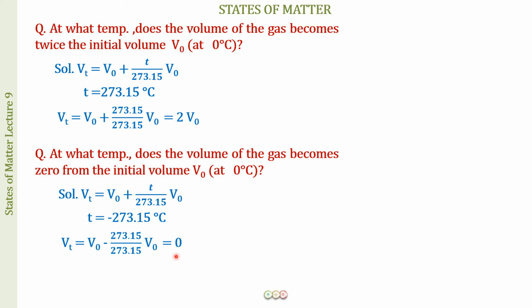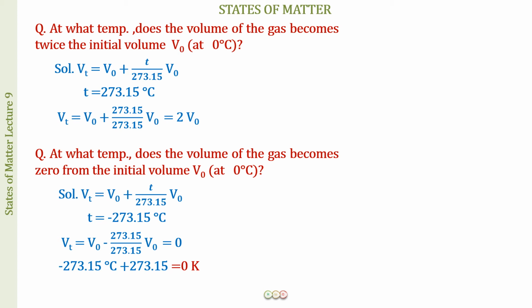But theoretically speaking, if we decrease the temperature to minus 273.15 degrees Celsius, what we will get is the volume of the gas coming up to zero. Perfectly fine, I think. Now this minus 273.15 degrees Celsius is what? You all know that this is 0 Kelvin. Fine.